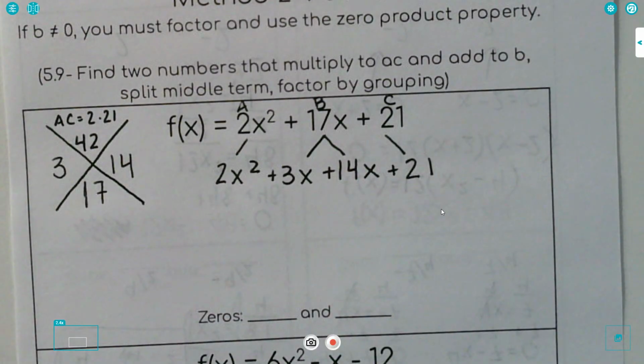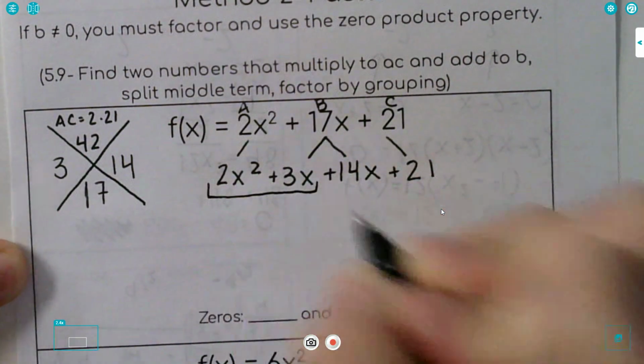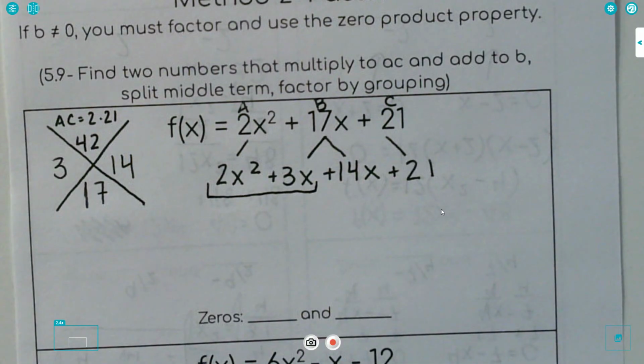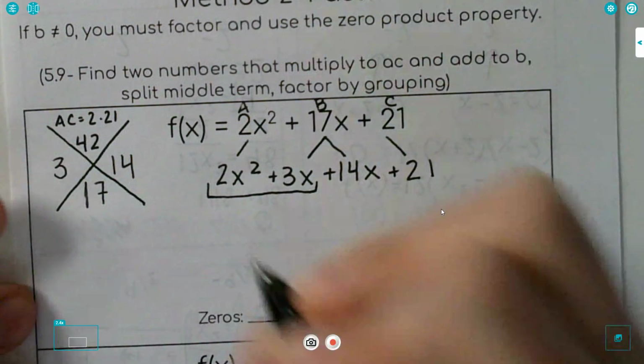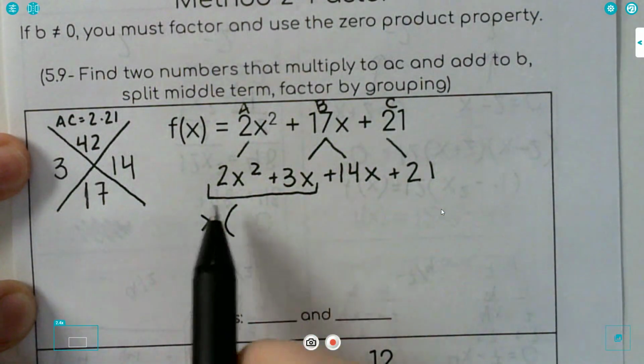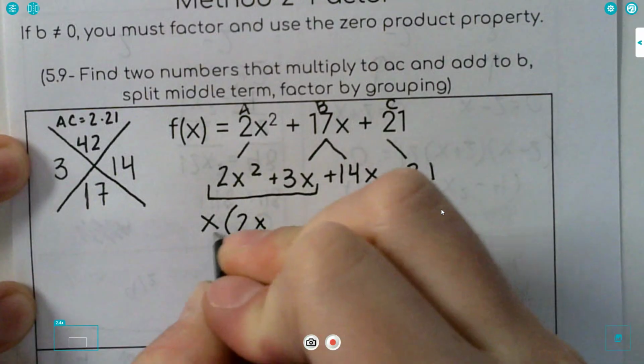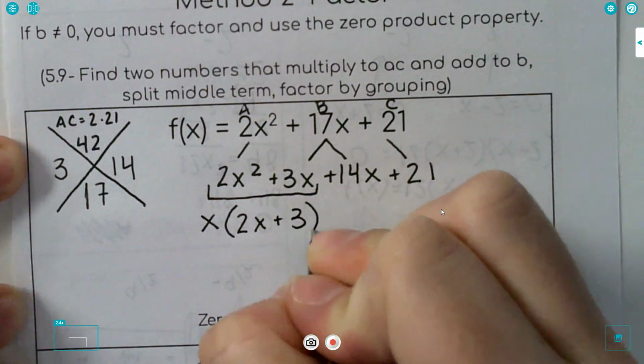Okay, so then we are going to factor this by grouping. Out of 2x squared and 3x, I cannot divide 2 and 3 by anything, but I can pull out an x. So I'm going to pull out an x. That's going to leave behind 2x, and then 3x divided by x leaves behind a 3.